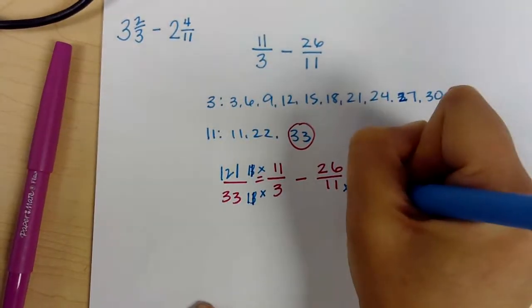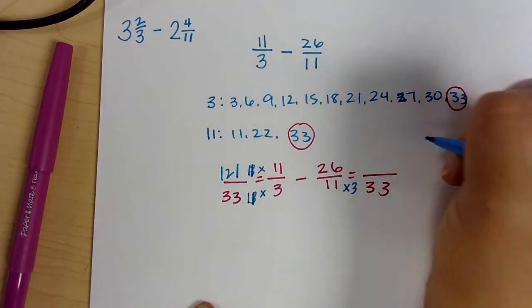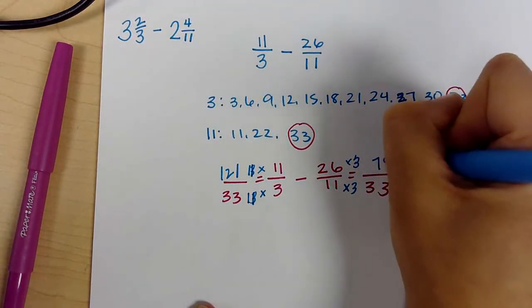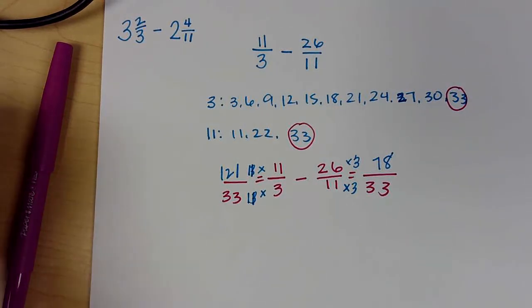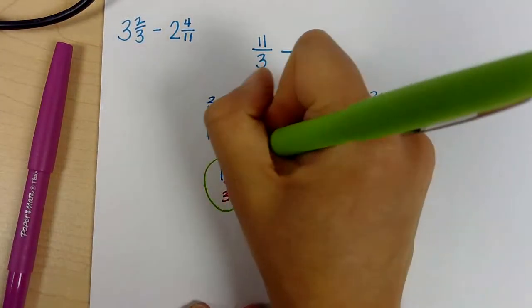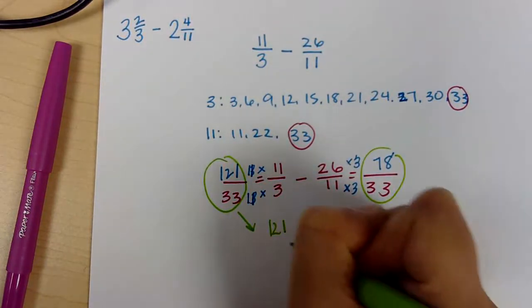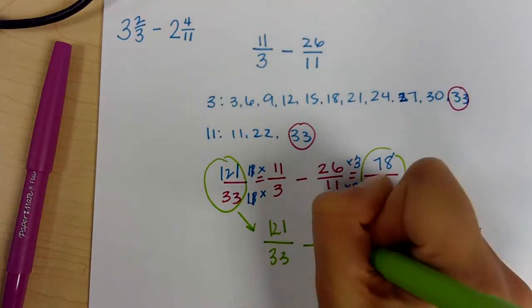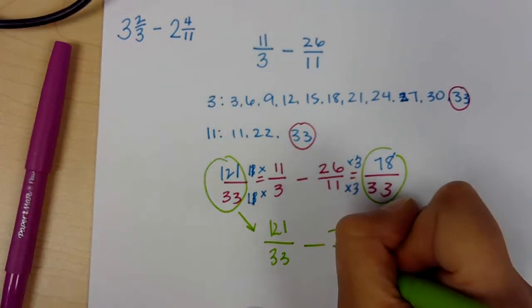Over here, 11 times 3 is 33. 26 times 3 is going to get me 78. So from here, I've got my new equivalent fractions that will allow me to subtract. 121 33rds minus 78 33rds.